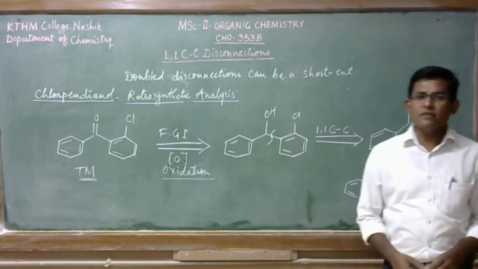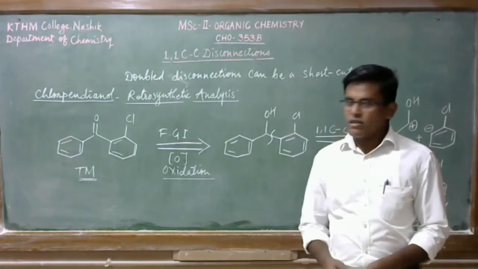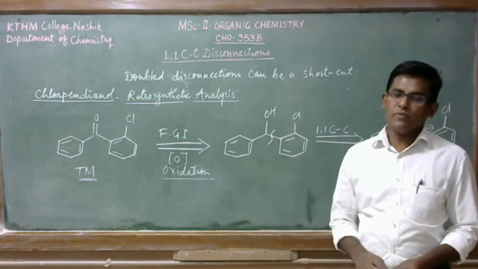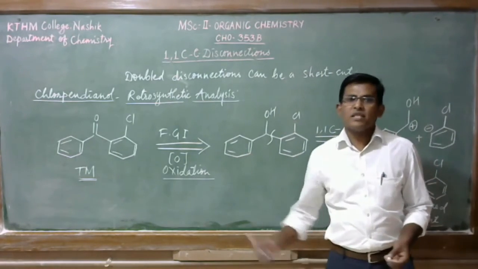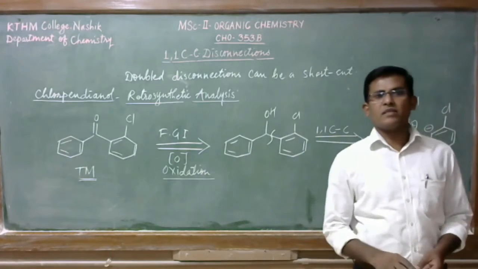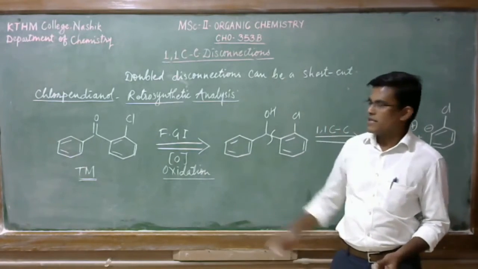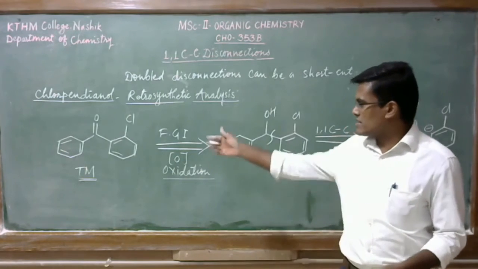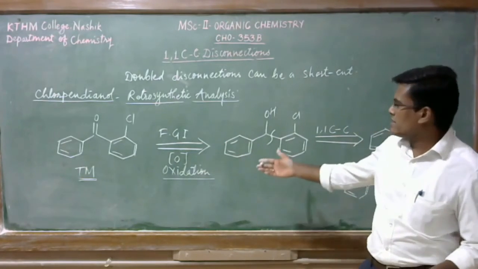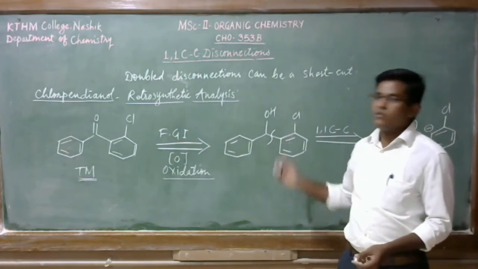So what we have done: in our target molecule there is a presence of a keto group. This functional group is not suitable for this disconnection at this stage. So we have converted this keto group into alcohol.